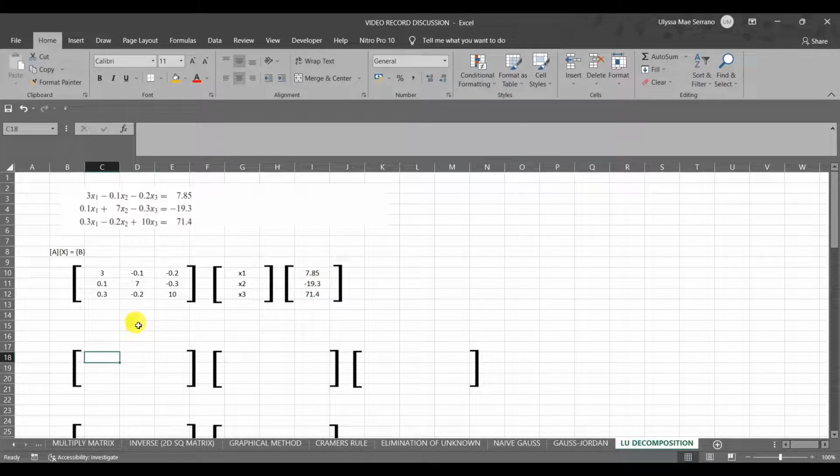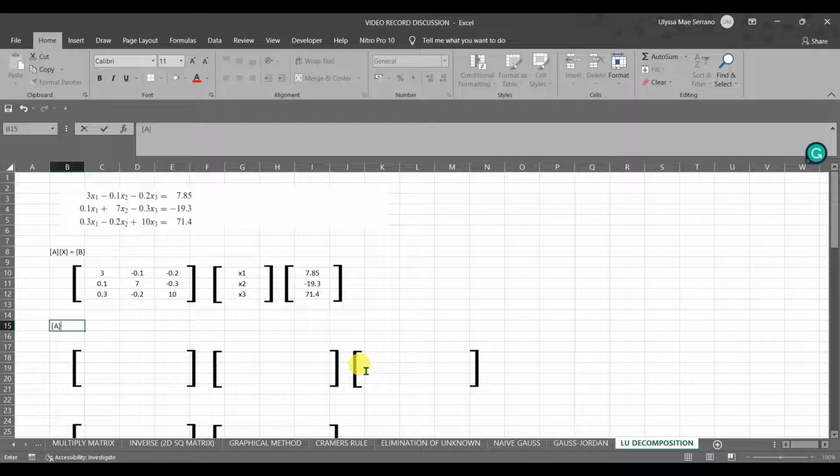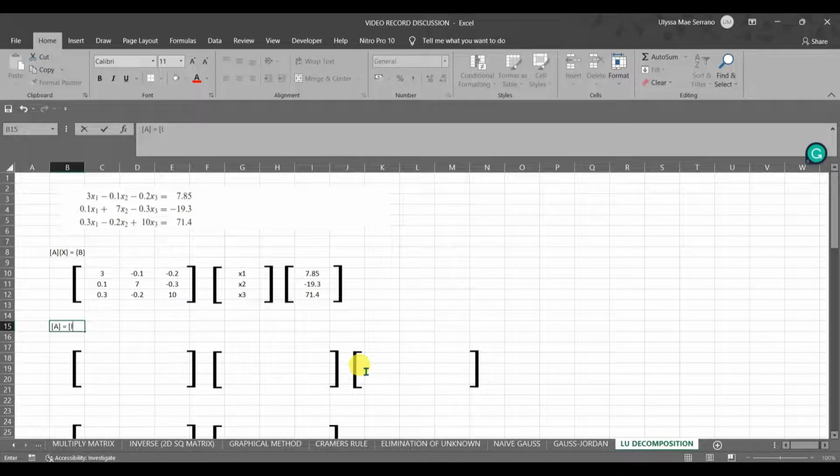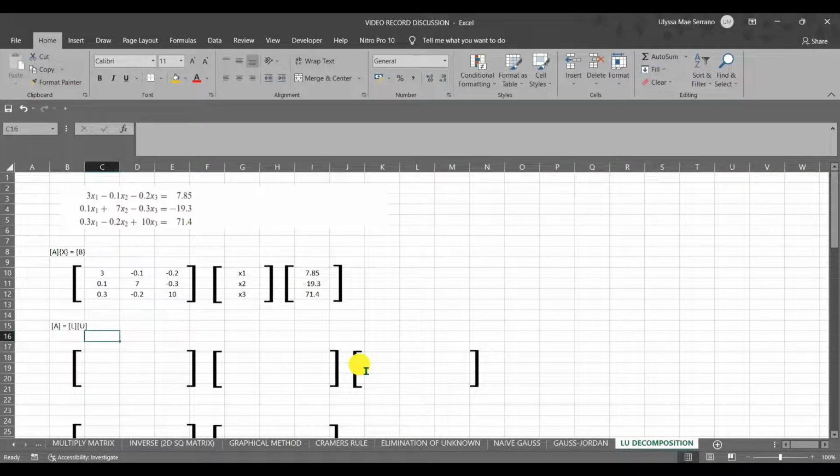After that, using LU decomposition, or the so-called Doolittle's decomposition. The process is first to make it in this particular form, and second, to represent the matrix coefficients of A into the lower and upper triangular representation.